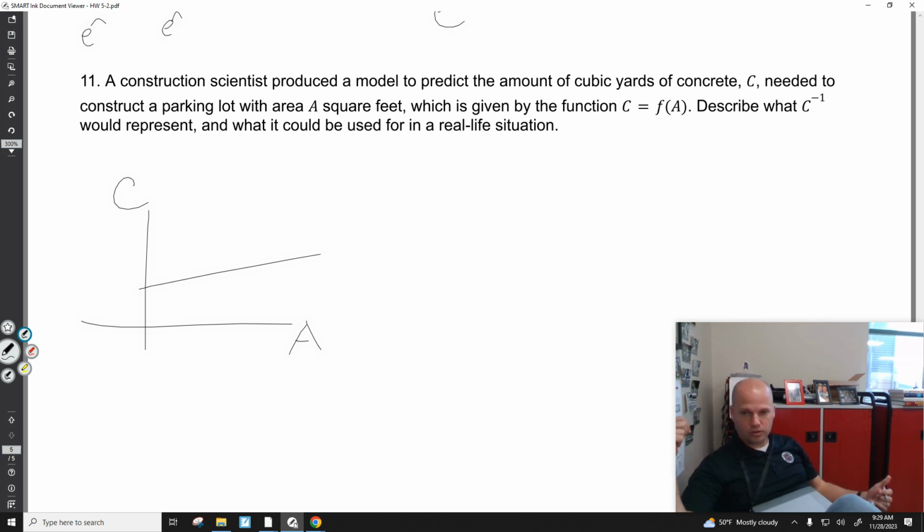That way I can go to Home Depot and say, I need this much concrete to cover this area to make your driveway. What would happen if we have the inverse? So this is f of A equals C. Take your area, plug it in, you'll get your amount of concrete.